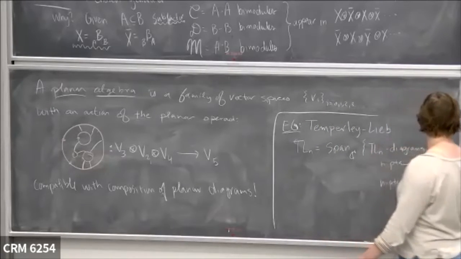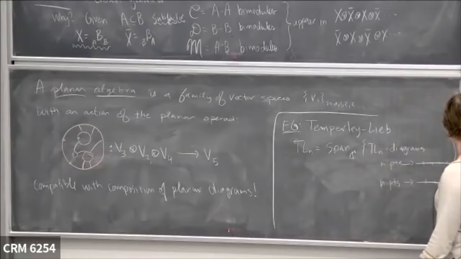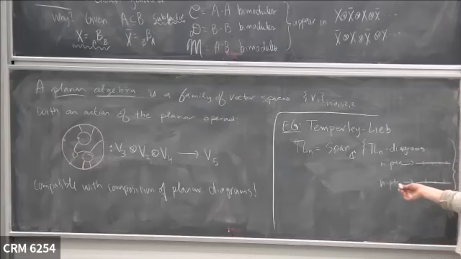And any diagram we can draw with non-crossing strings in the middle is a Temperley-Lieb diagram. And of course, these are good inputs to something like this. It's pretty easy to see that if you had a Temperley-Lieb diagram, well, I guess these are rectangular and these are circles.